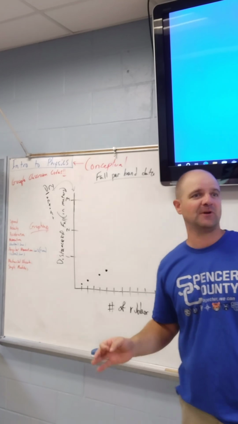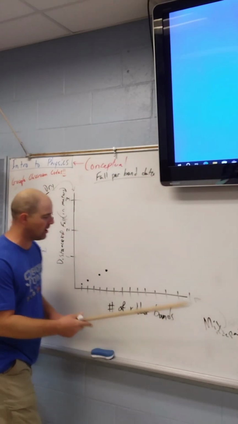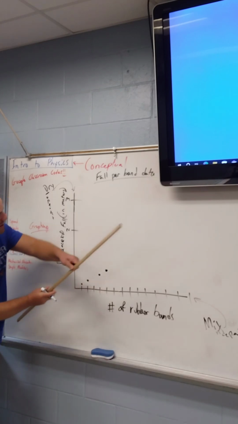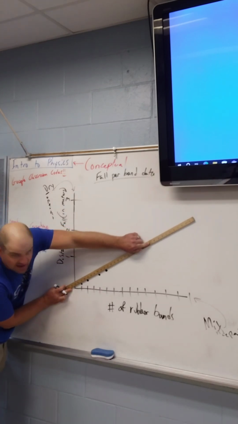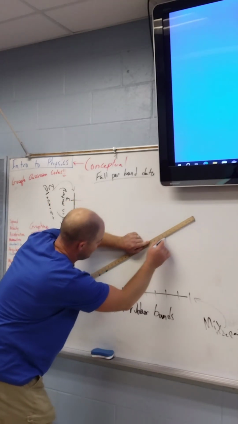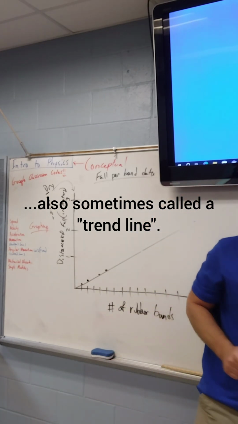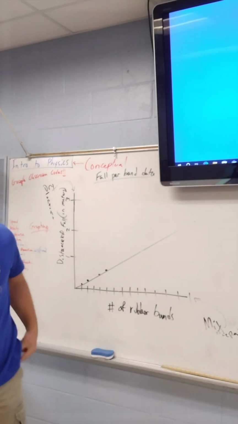Now, it might not be a perfectly straight line, but you could say that you have what we call a line of best fit. In mathematics, that's what we call a line of best fit.